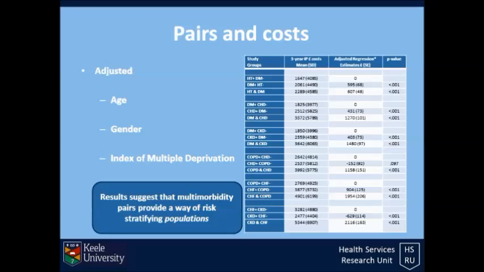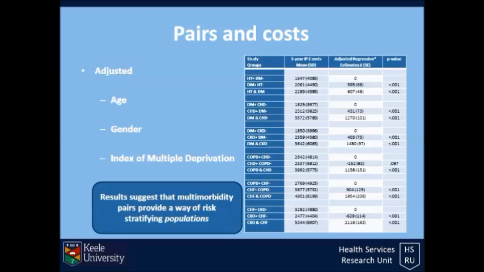And then we repeated the same process for diabetes and coronary heart disease. The average costs were £3,000. Diabetes and chronic kidney disease, the average costs were £3,600. If you had COPD and heart disease, your average costs then go up.